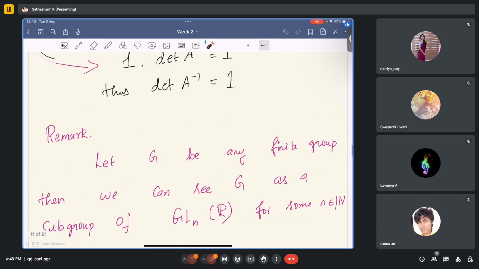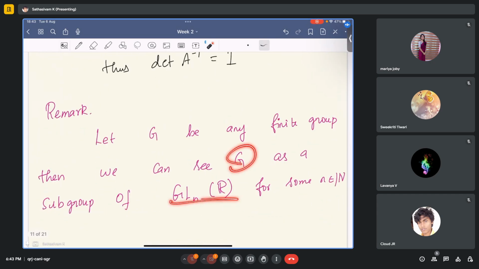So basically what I'm saying is you take any finite group, and it is a subgroup here.